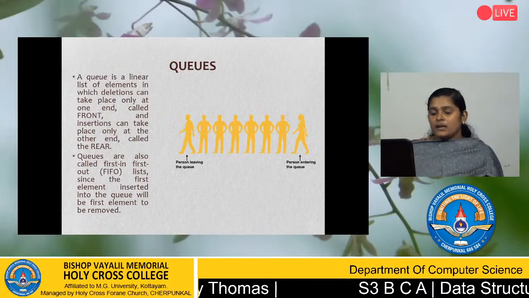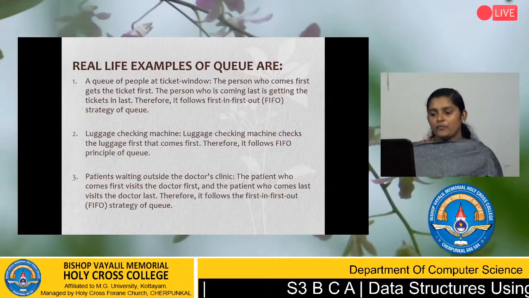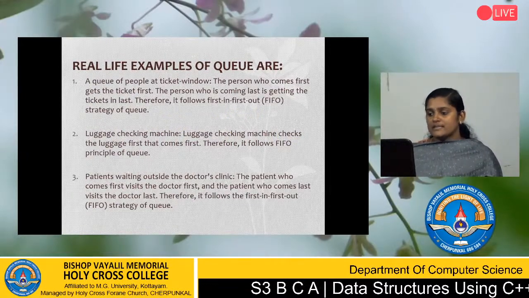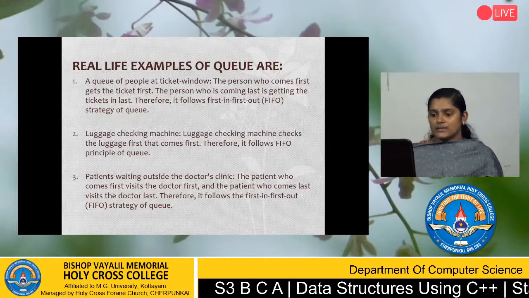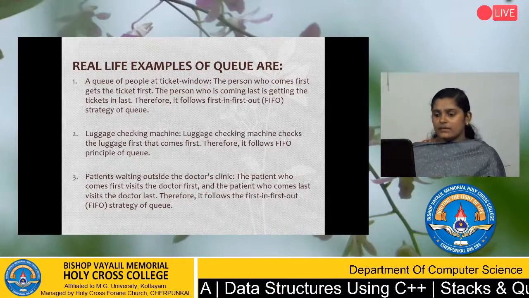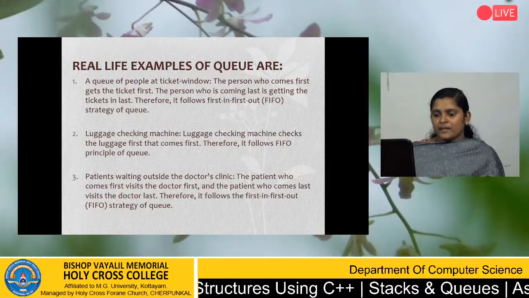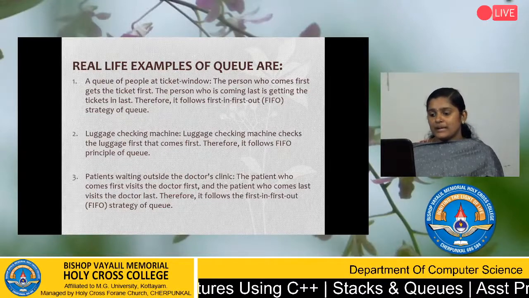Some real life examples of a queue are a queue of people at a ticket window. The person who comes first gets the ticket first. The person who comes last gets the ticket last. This follows the first in first out strategy. The next one is the luggage checking machine.